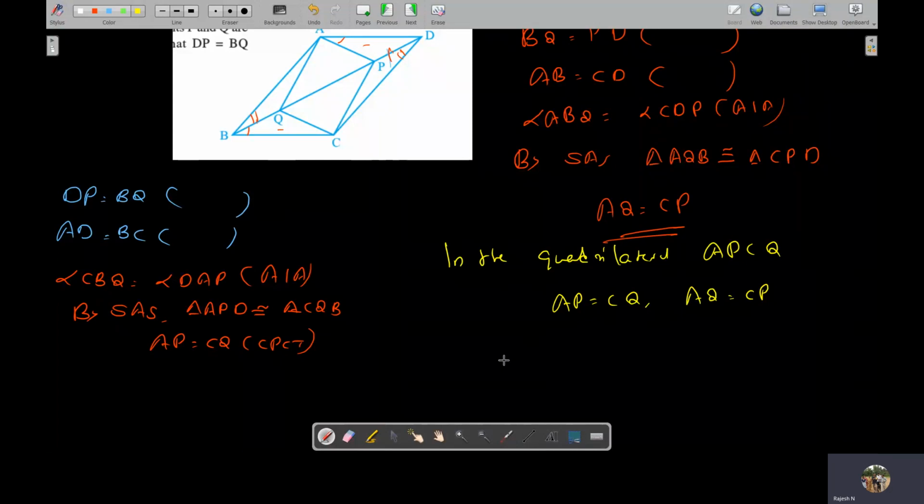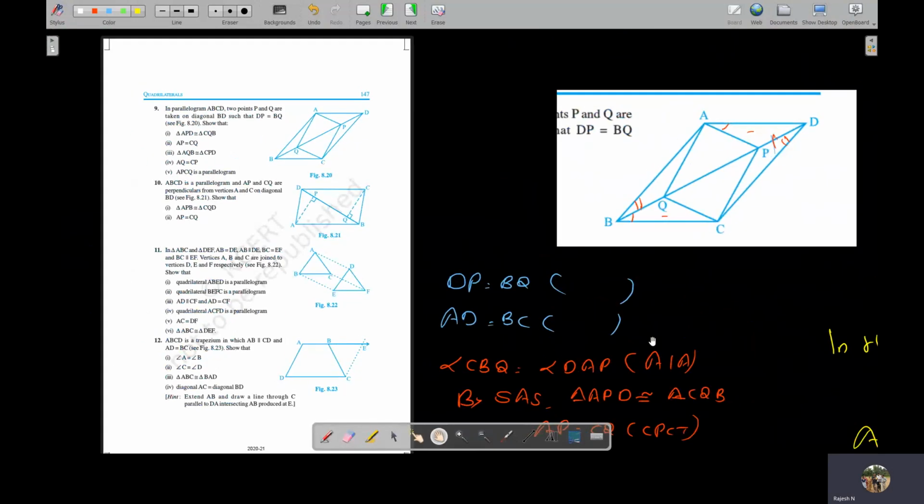Since opposite sides are equal in a quadrilateral, APCQ is a parallelogram. So this is the step. In the quadrilateral APCQ, AP is equal to CQ and AQ is equal to CP. Since opposite sides are equal, we can say that it is a parallelogram.